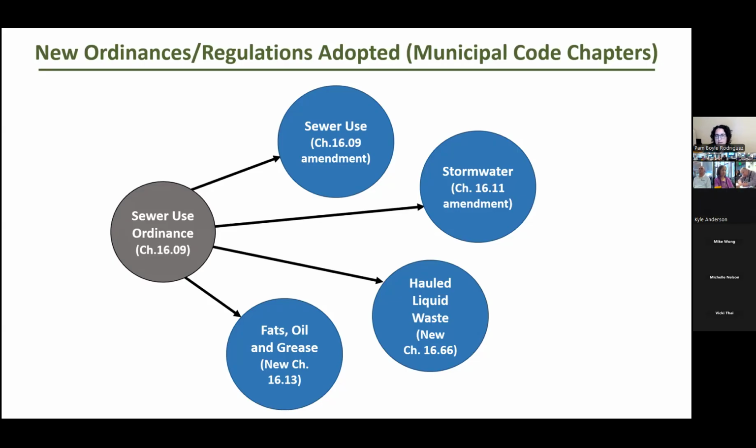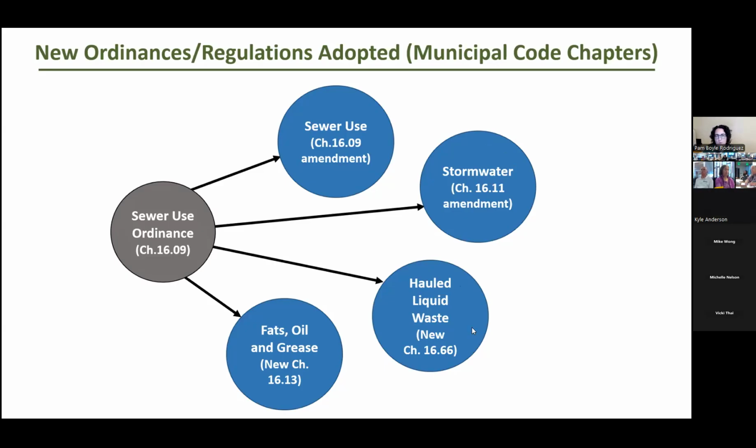Now 1609 is just sewer use, which can be easily adopted by all the other partners of the regional water quality control plant. We have stormwater pollution prevention in 1611, which is just for the city of Palo Alto. However, the requirements are similar to other neighboring cities.